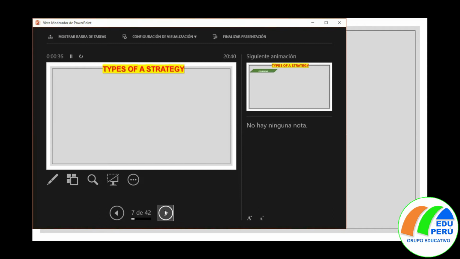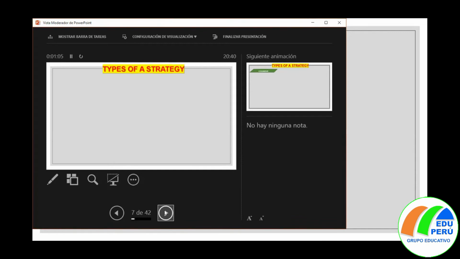What kind of strategies do we usually use to learn or to remember or to comprehend better, to understand better? Read some article about something. Yeah, this is a specific activity.